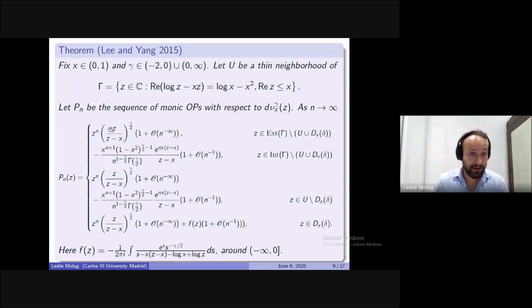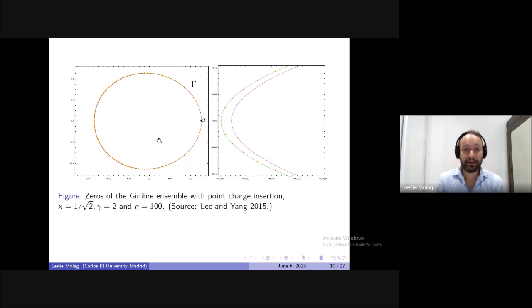So Z0 is not part of the exterior of gamma, right? So then there is only one conclusion. If our orthogonal polynomial does have a 0, it has to be in this thin neighborhood U of the curve, right? So that's exactly why when you plot the zeros, they are attracted by this curve.